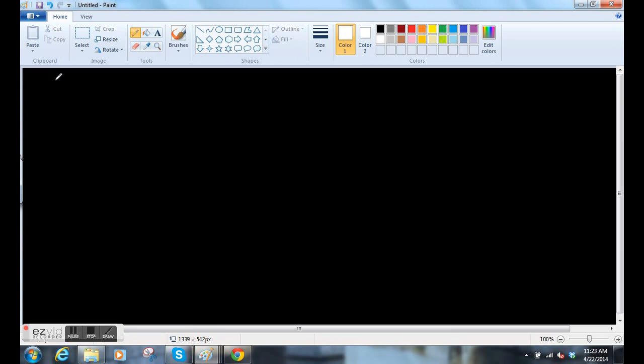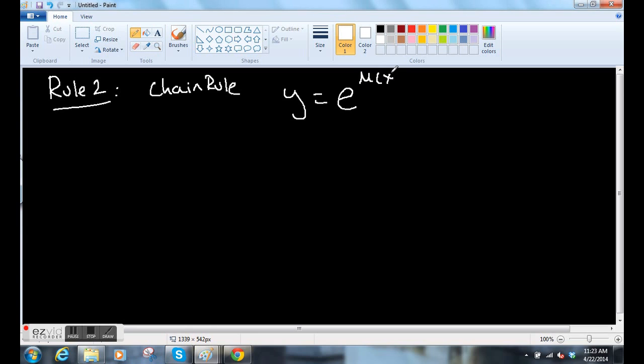Here is another rule, rule number 2. Again, these aren't numbered, there's just 4 basic things we're covering in this section. This is a chain rule application of the same thing. Suppose you have a function that looks like e to some other function, so it's e raised to something complicated. Then the derivative of y is equal to e raised to the complicated function, so you leave this unchanged, and then you take the derivative of the complicated function.